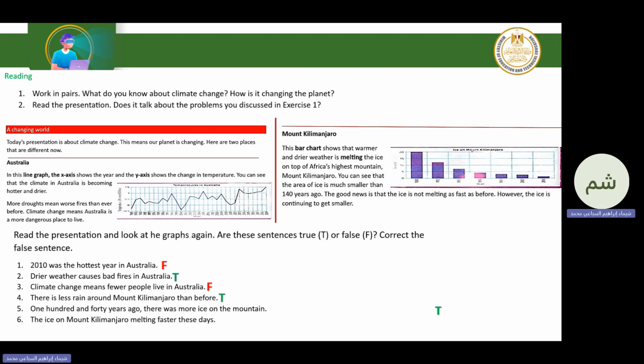Yes, he said this in the bar chart, and in the presentation of Mount Kilimanjaro, he said this. Okay, the last sentence. The ice on Mount Kilimanjaro is melting faster these days. Of course, false. It is not melting as fast.